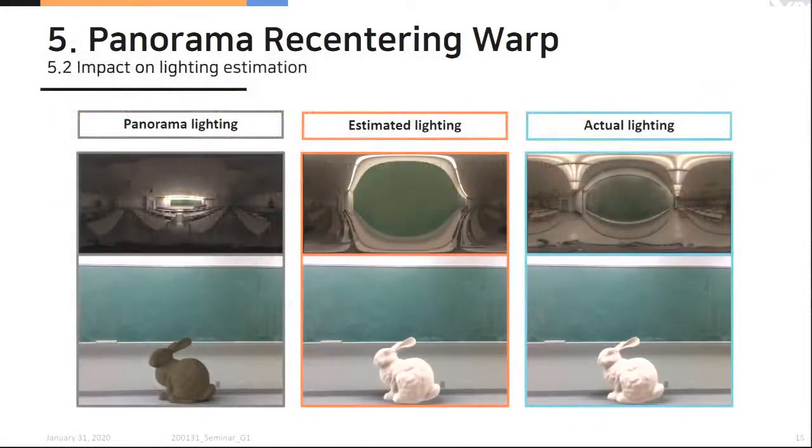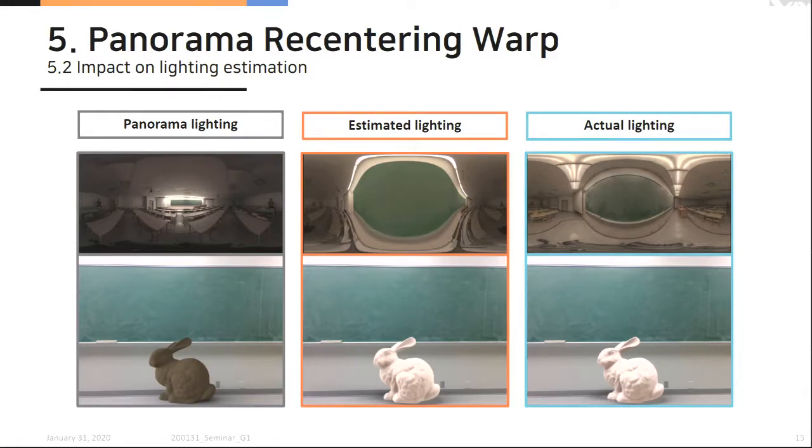Okay, let's move on. So this is the result of the recentering warping operation. You see the original panorama. If you use a panoramic image as the environment map, the bunny model will be lit like this. Relighting with this environment map will be like this.